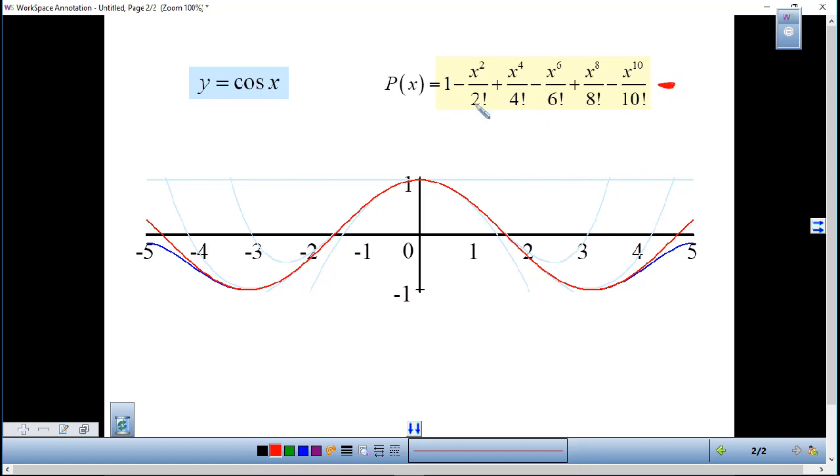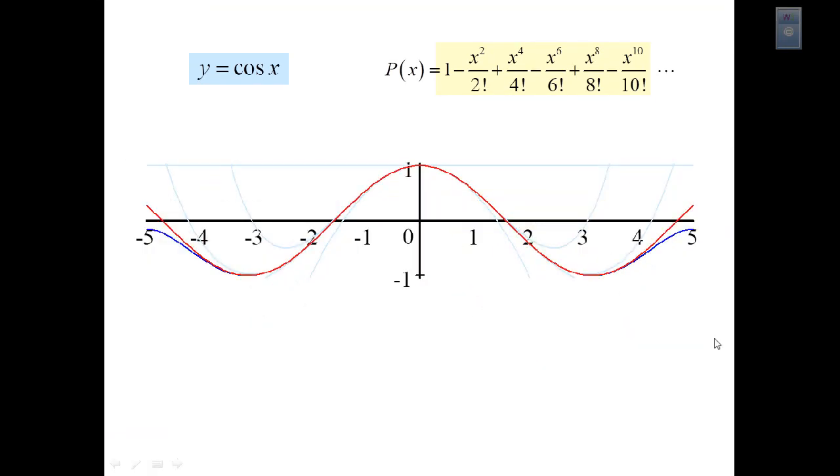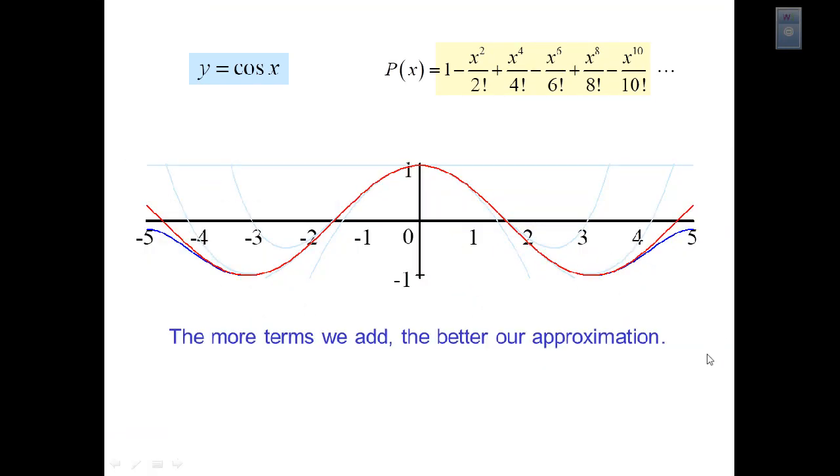That is a 10th degree Taylor polynomial. A Taylor series is when you leave the dots and imply that this thing continues on. Remember, a series is going on forever. So the more terms we add, the better our approximation, not only in here, but also further out from where we're centering our approximation.